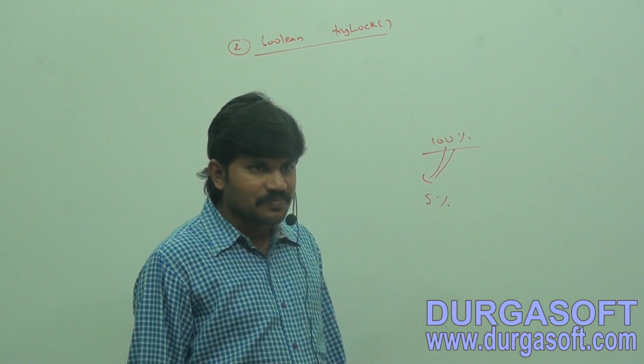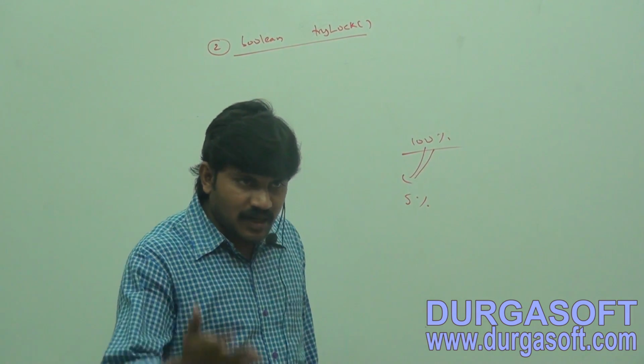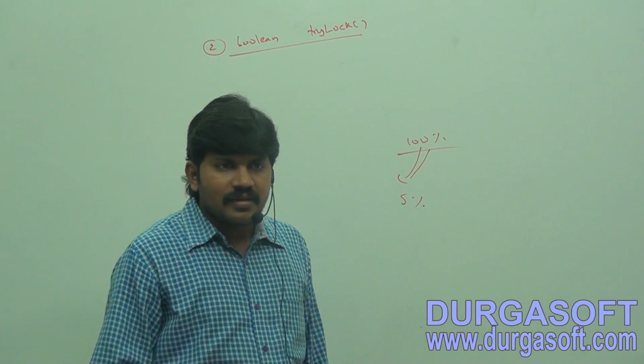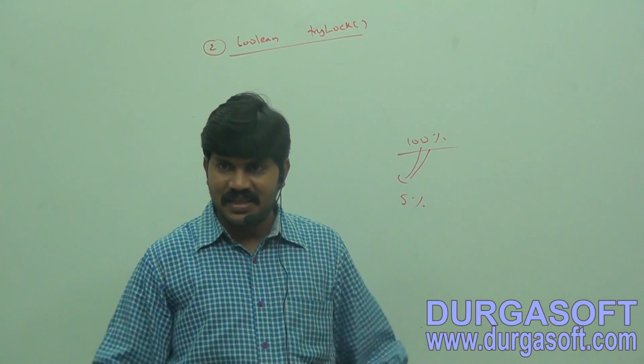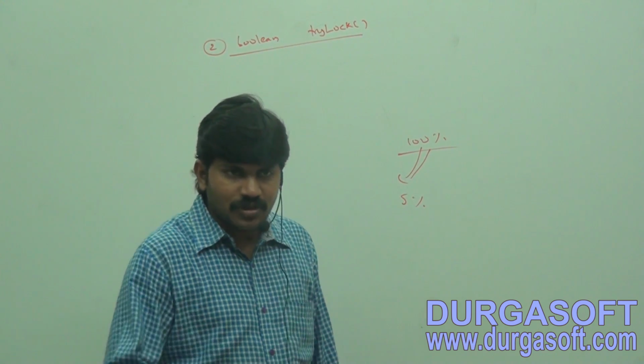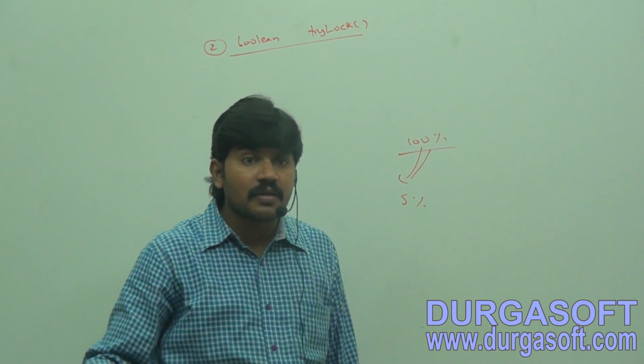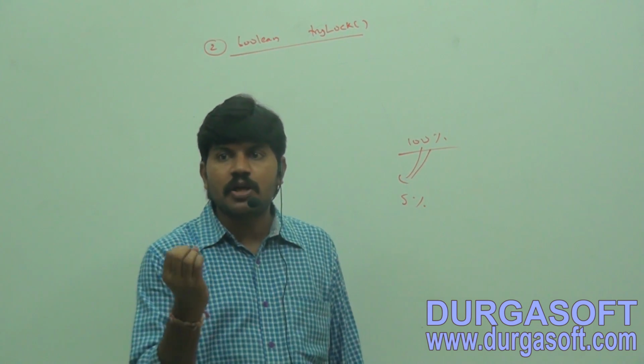Okay, assume 5% of the people will try. Once they try, immediately n number of problems are going to invite them. Once we start, n number of problems are there, even at the beginning a horrible number of problems.